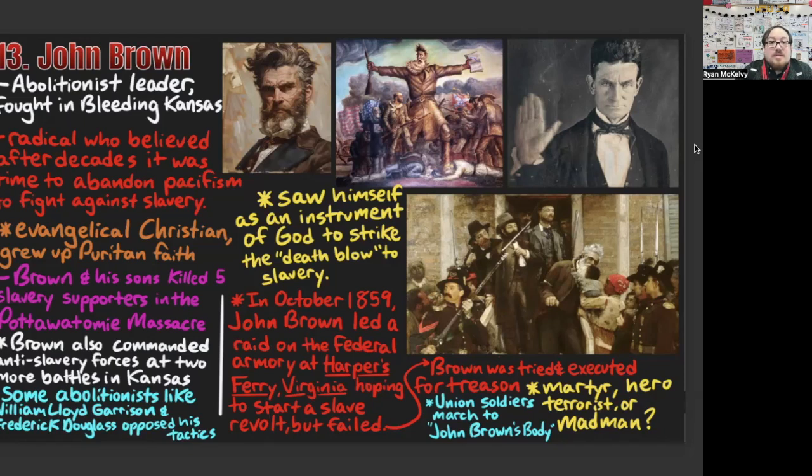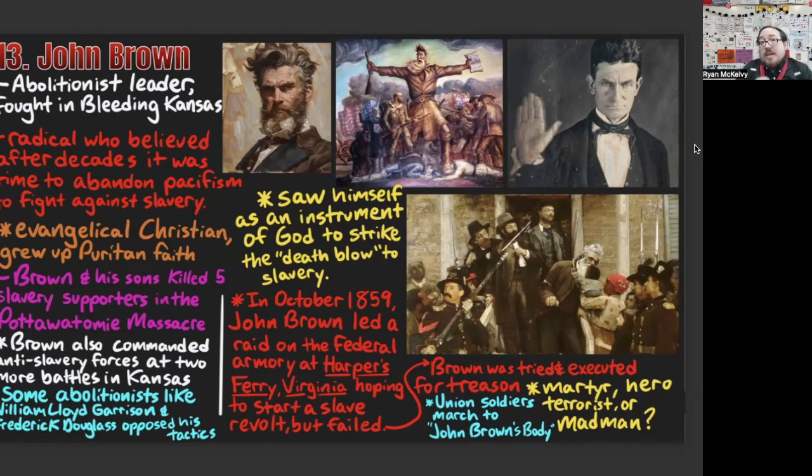And first, he will fight in Kansas against pro-slavery people. He will be involved in several raids and in the deaths of several slavery supporters, including five supporters at the Potawatomi Massacre. He'll also bring his sons into these things, who will fight and be part of his anti-slavery forces.